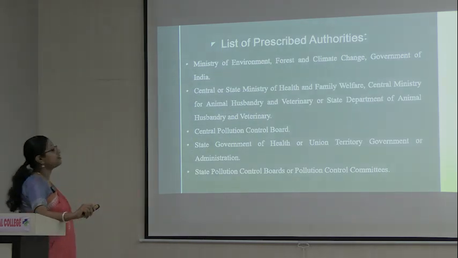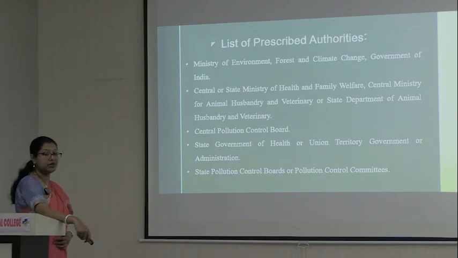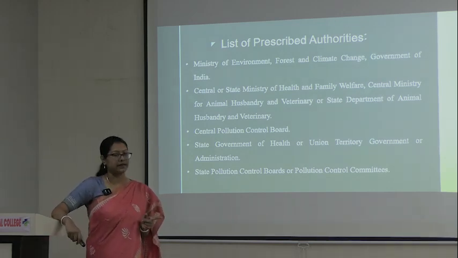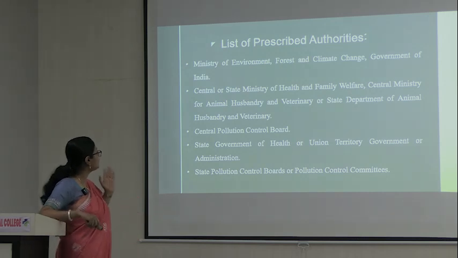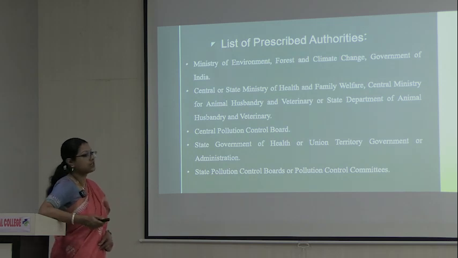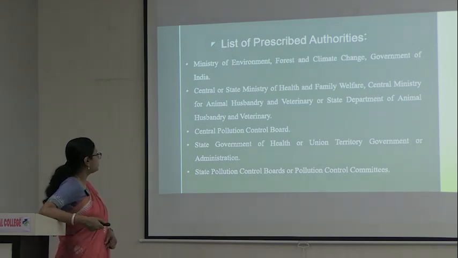Then what is the list of prescribed authorities? Who are the authorities that will look after both the occupier and the operator? They are the Ministry of Environment, then the Central or State Ministry of Health and Family Welfare, the Central Pollution Control Board, the State Government of Health or Union Territory Government or Administration, and the State Pollution Control Board.